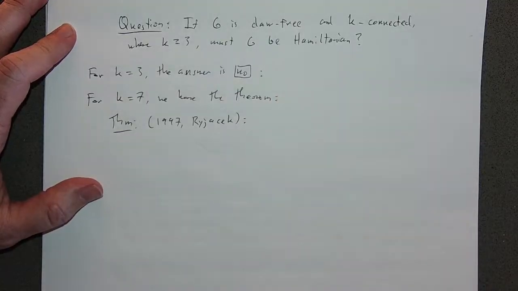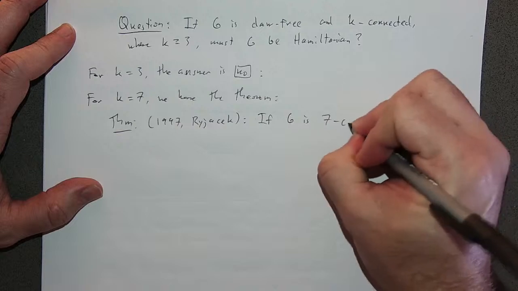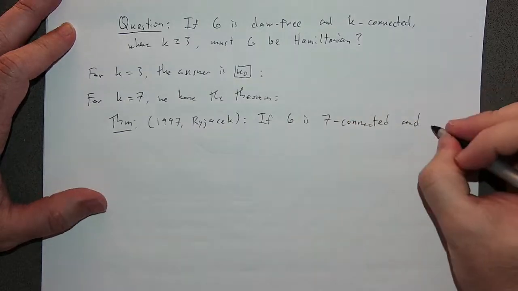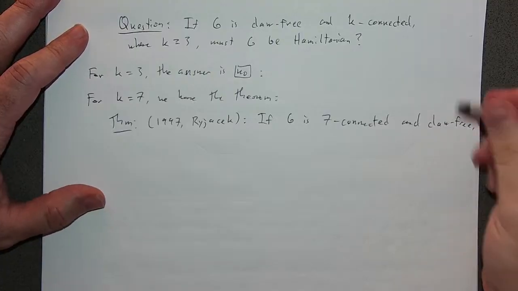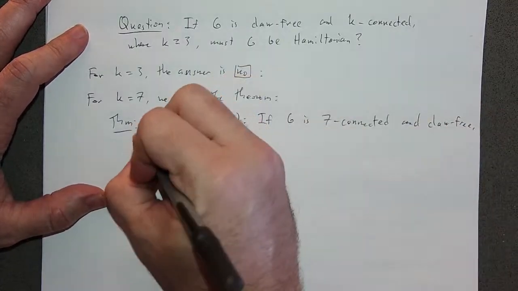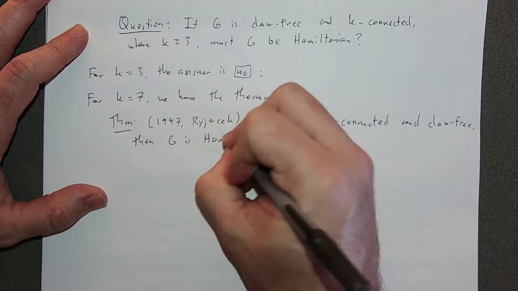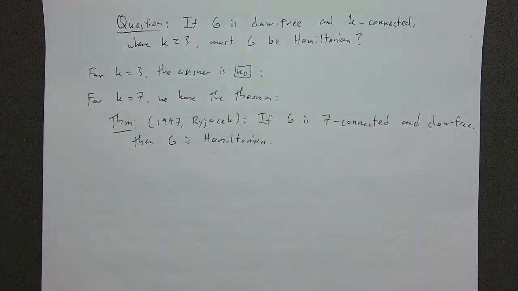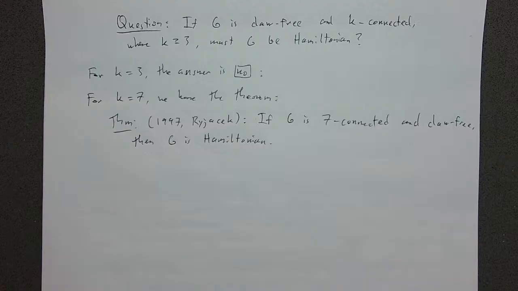So the result is if G is 7-connected and claw-free, then G is Hamiltonian. So upping the connectivity to 7 and just forbidding the claw was enough to force Hamiltonicity.